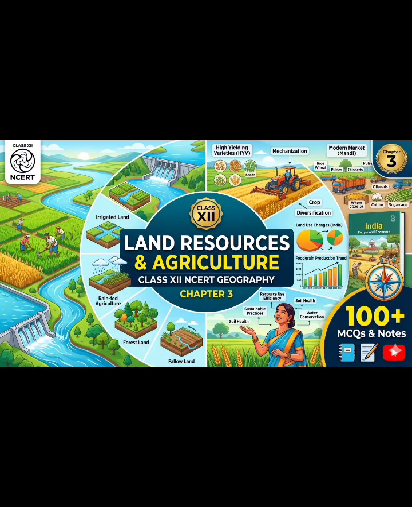Common property resources also are important for women, as most of the fodder and fuel collection is done by them in rural areas. They have to devote long hours in collecting fuel and fodder from a degraded area of common property resource.